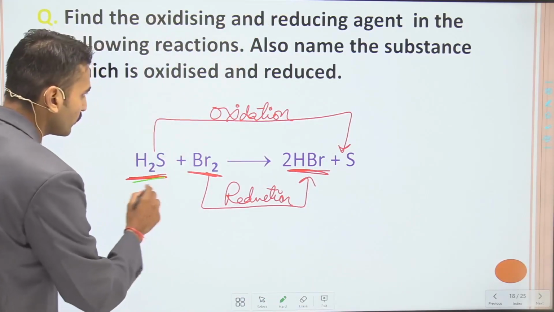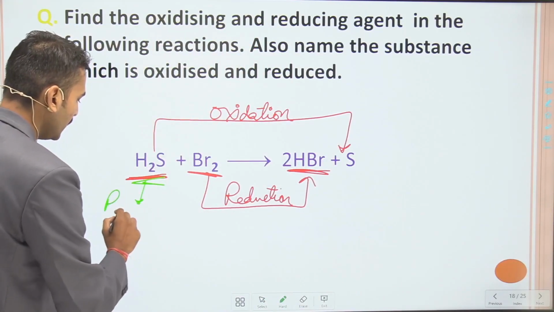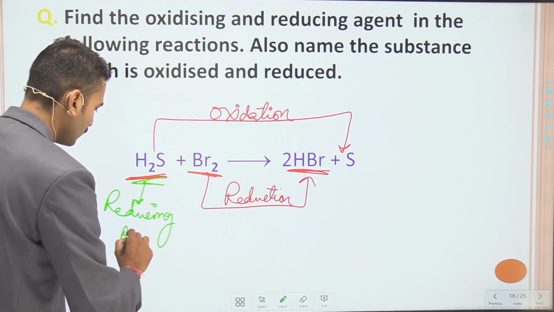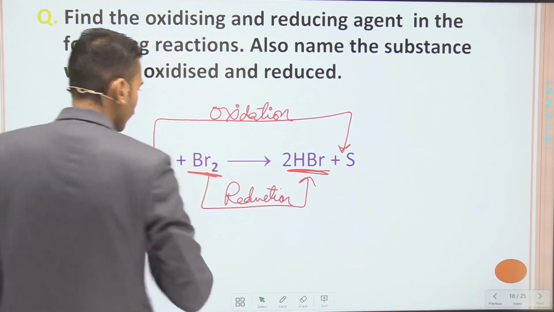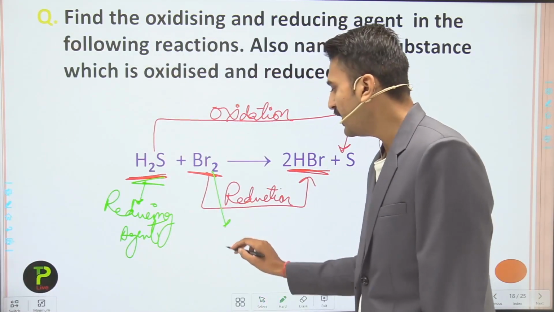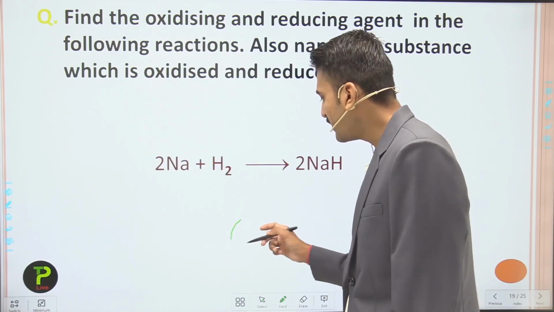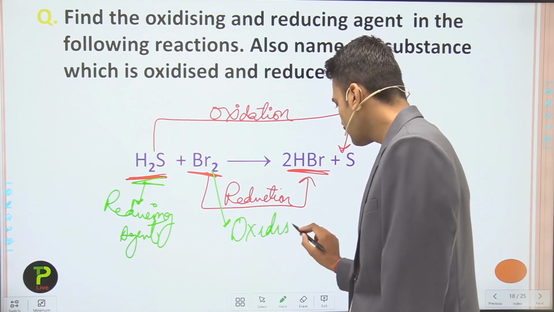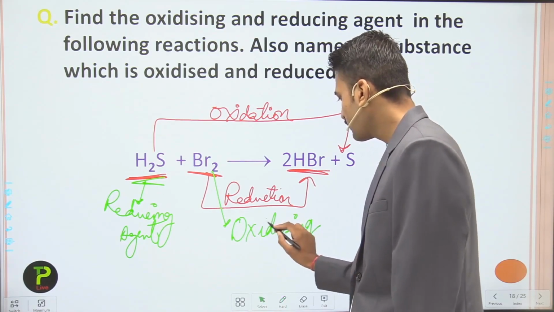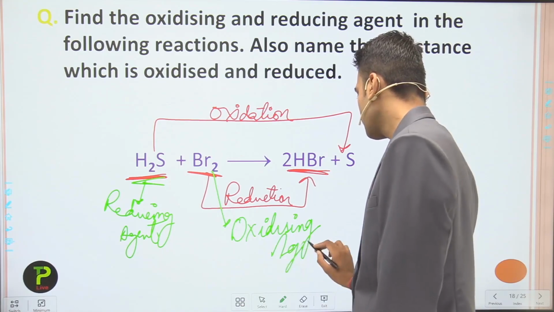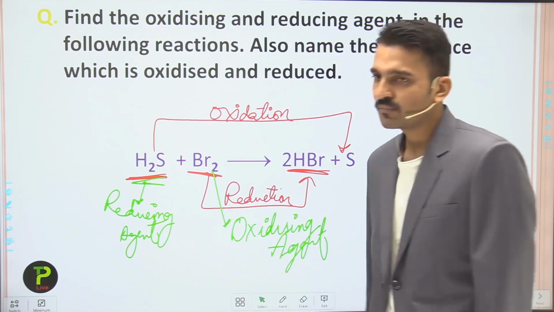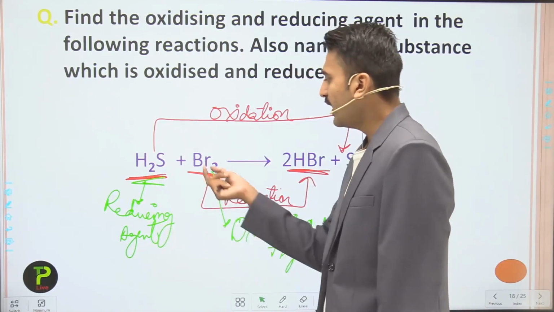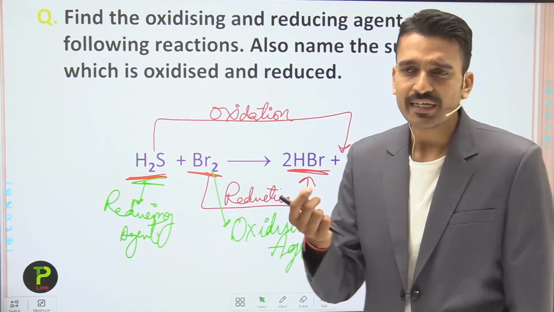So H2S is the reducing agent, while the Br2 or the bromine is the oxidizing agent. If you want to name, you can name it H2S as hydrogen sulfide, and Br2 as bromine gas.